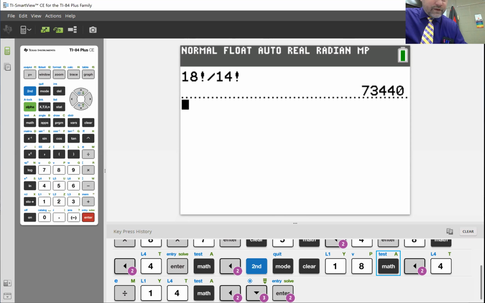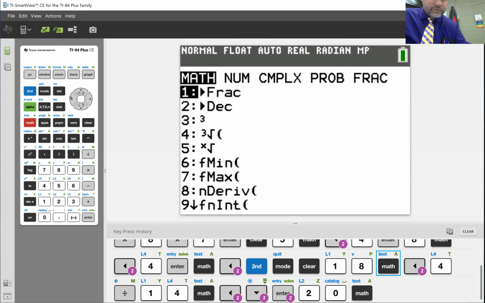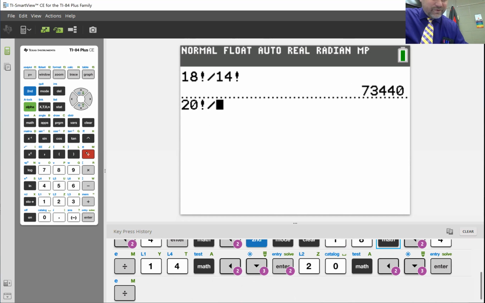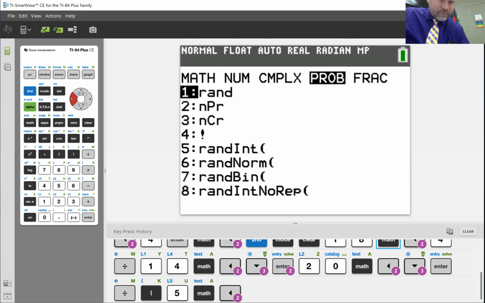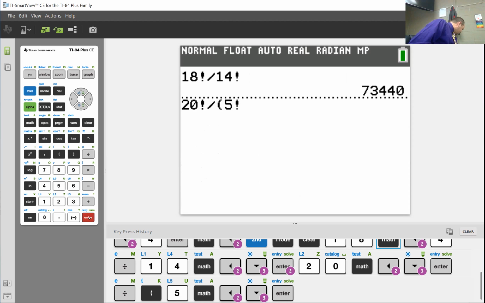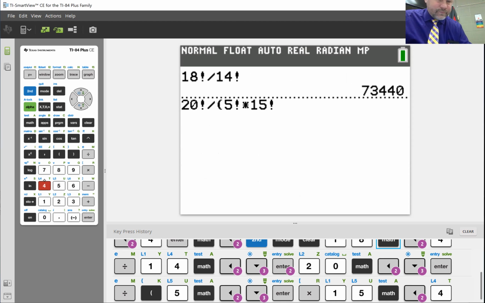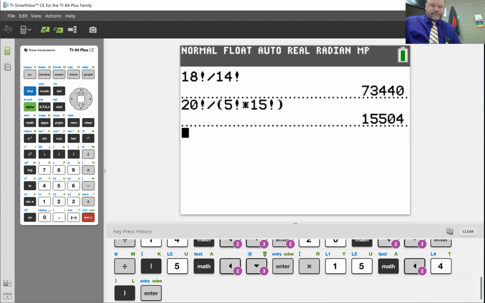We have 20 factorial divided by, and here we need to use parentheses. And we get 15,504.